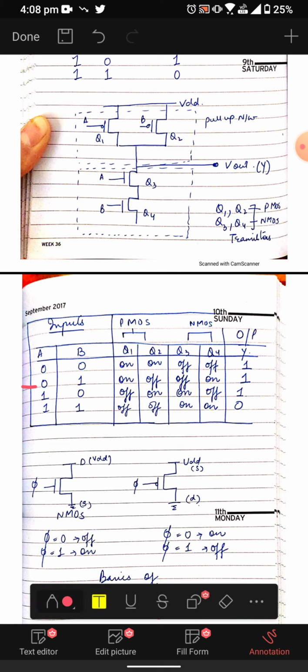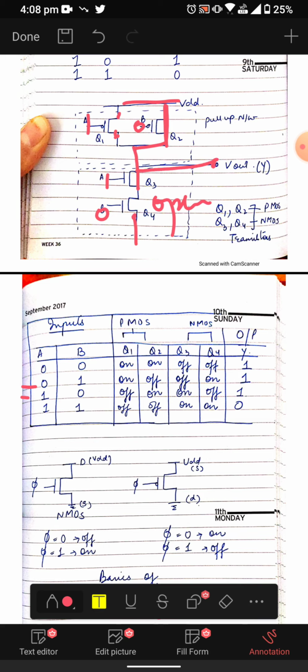Let's take the third case into consideration, 1 and 0. A is 1, B is 0. So Q1 will be open, but Q2 will be short. Q3 will be on here, but Q4 will be open.